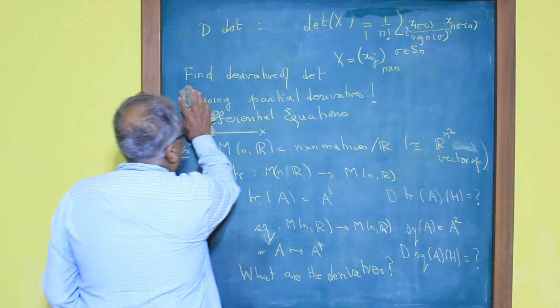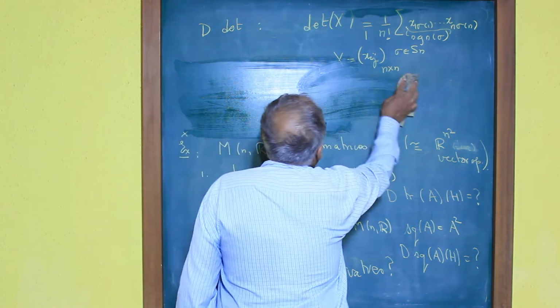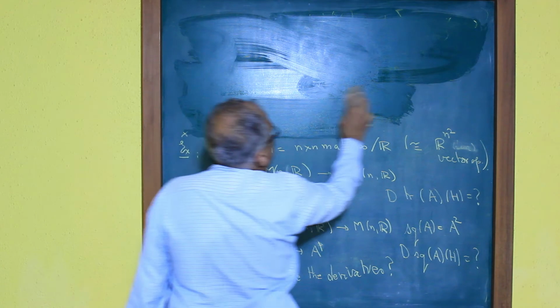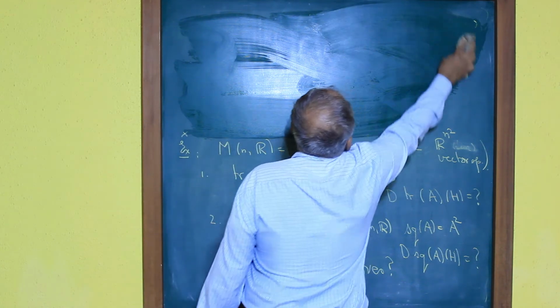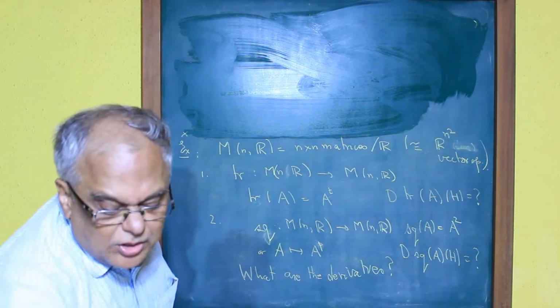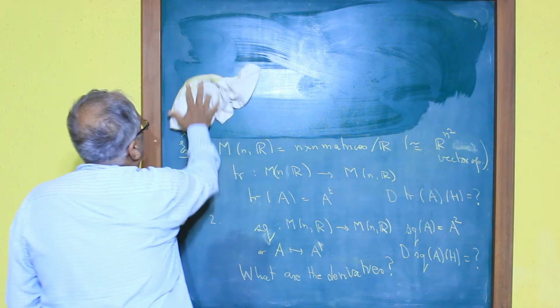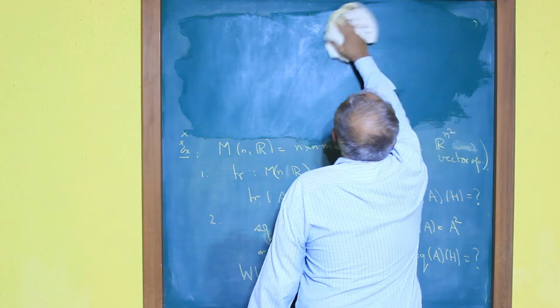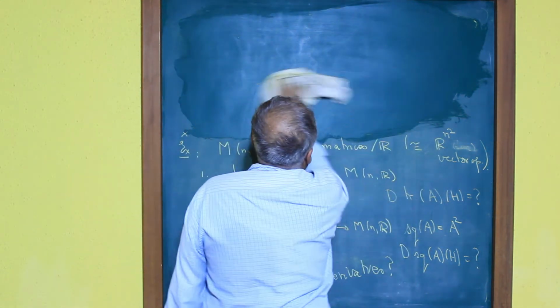So, the map that we want to talk about here is the exponential map. We all know what the exponential map is for functions from real numbers to real numbers.